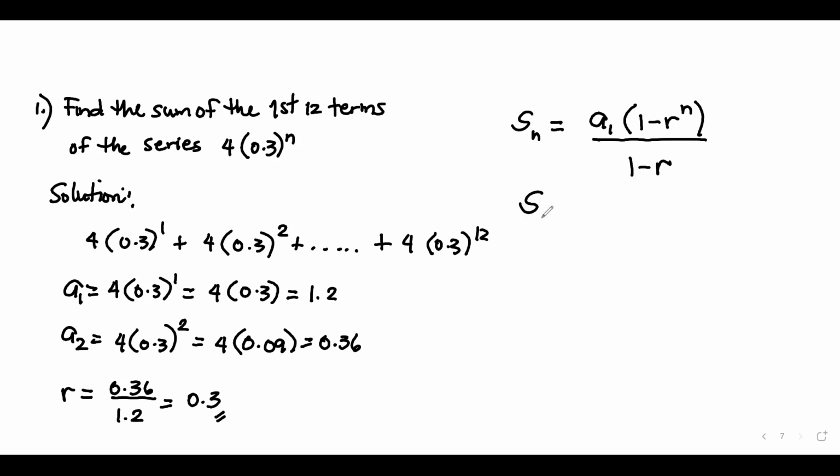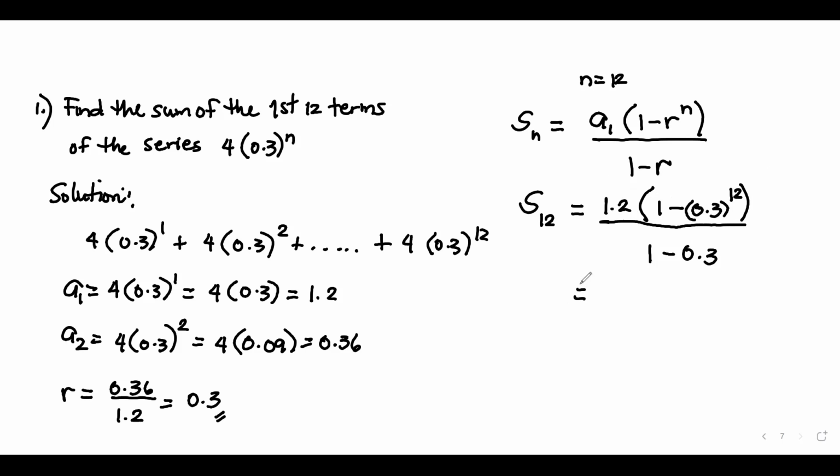So we're asked to find the sum of the first 12 terms. So our n there is 12. So the first term is 1.2 multiplied by 1 minus the common ratio 0.3, raised to 12, all over 1 minus 0.3.